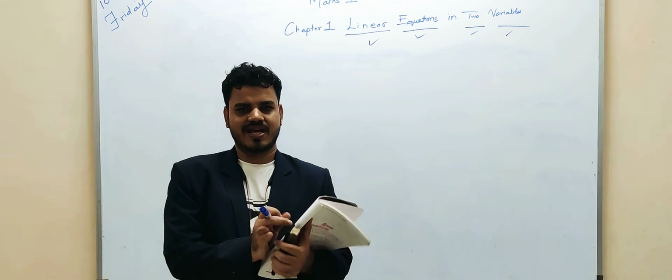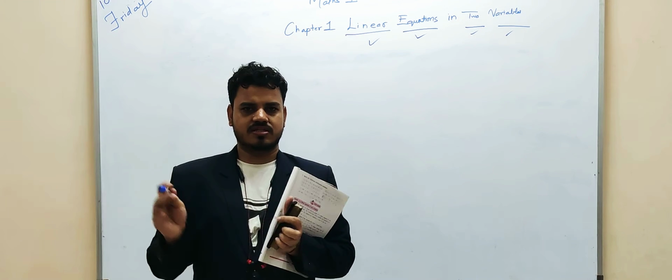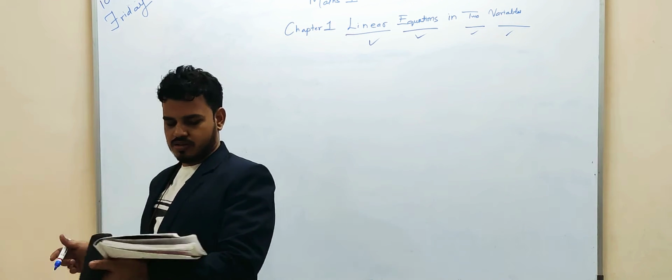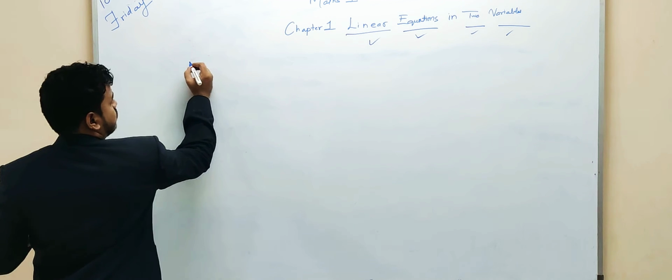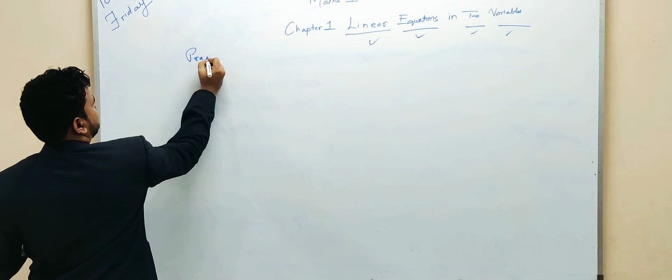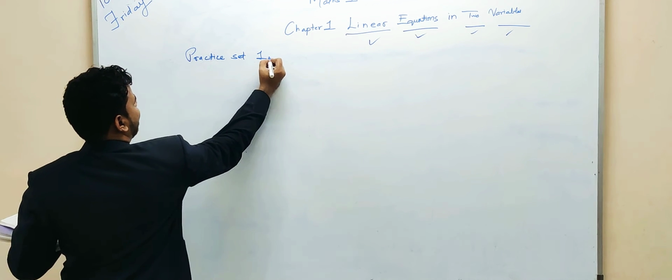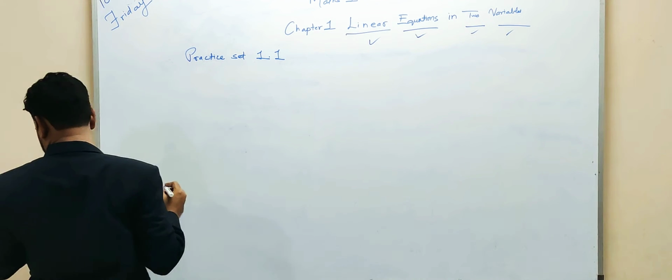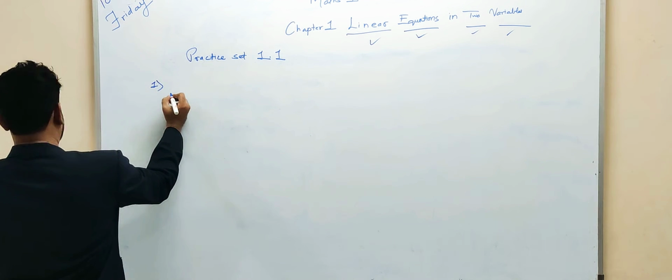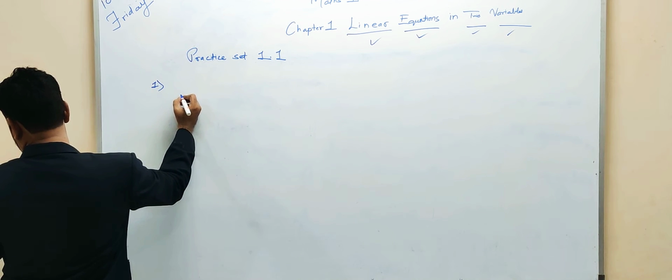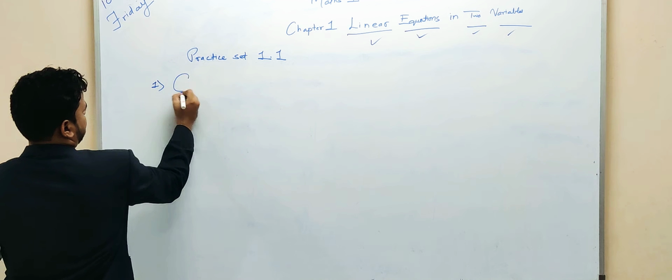I'll write down the example and then we will start solving it. Practice set 1.1. The first example is: complete the following activity to solve the simultaneous equations.